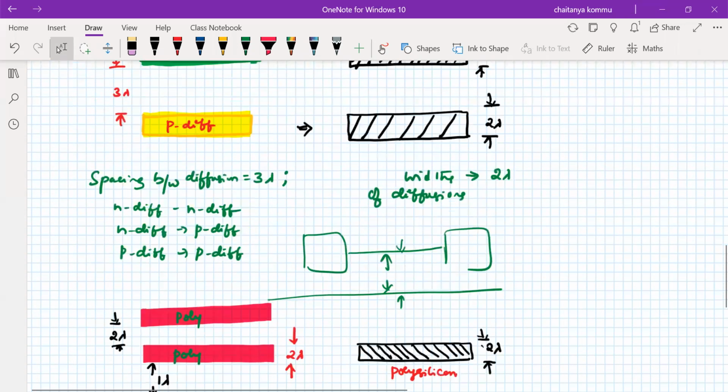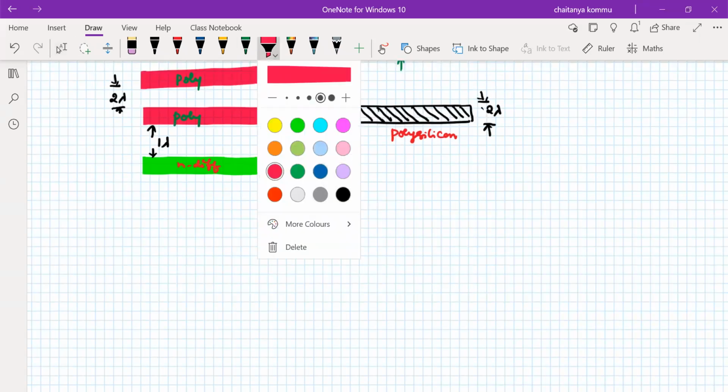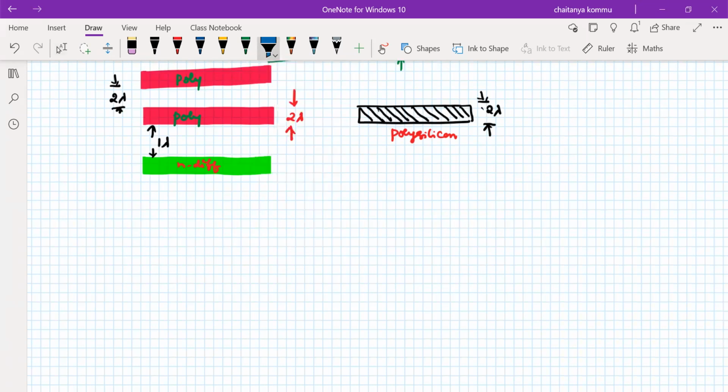Another one is metal. For the metal, we use the blue line. So the blue line is meant for metal, very important to note. What is the minimum width for the metal? 3 lambda we have to use.